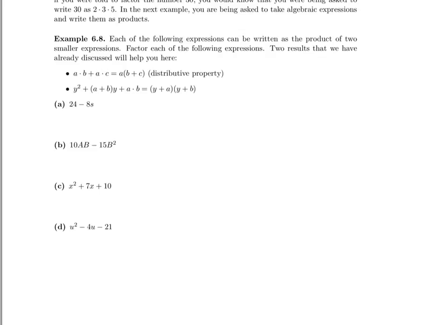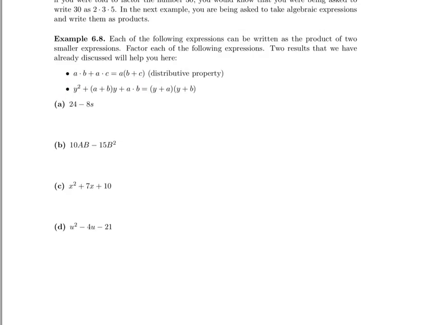We can view the distributive property from the other direction, though. The distributive property also says if you have a sum of two terms where each term has a common factor of a inside it, then you can take that a and factor it out by itself, and you're left with b plus c. So notice the distributive property tells you how to take a sum and write it as a product.